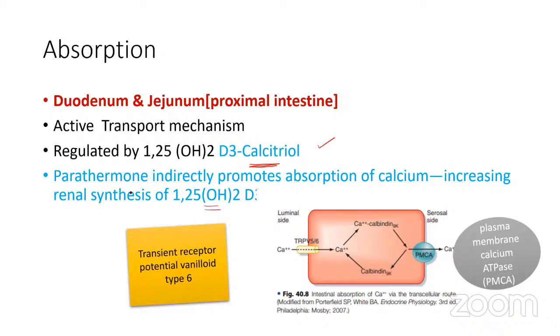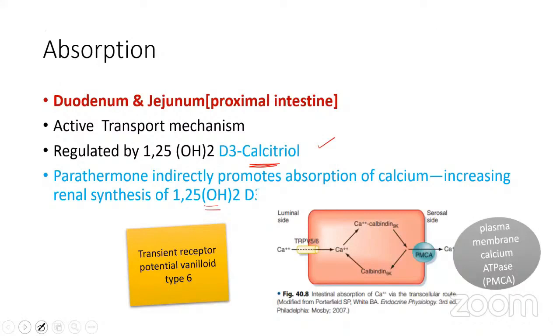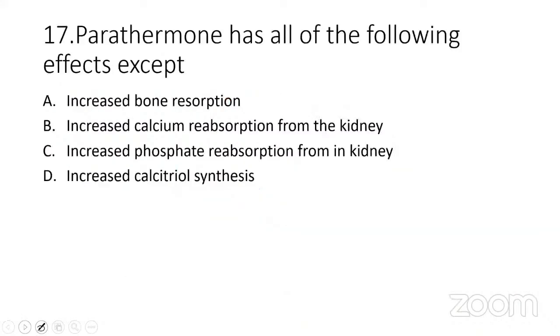So indirectly, parathyroid hormone stimulates calcium absorption by stimulating the synthesis of 1,25-dihydroxycholecalciferol. But the correct answer here is 1,25-dihydroxycholecalciferol, the hormone essential for calcium absorption from the intestine. Vitamin D3 or calcitriol.